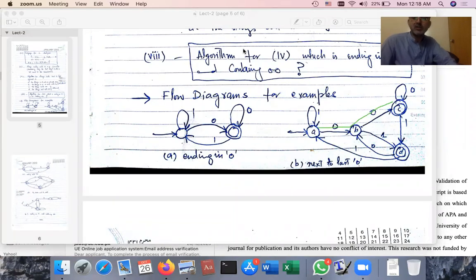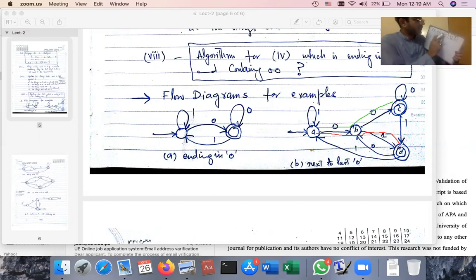Now you can think over this string 0 1, which is also a valid string. So okay, start from here, 0 and then moving on here. This is the direction of 0 1, and you are reaching another state. You can draw another state, and this is a legal string which is accepted.